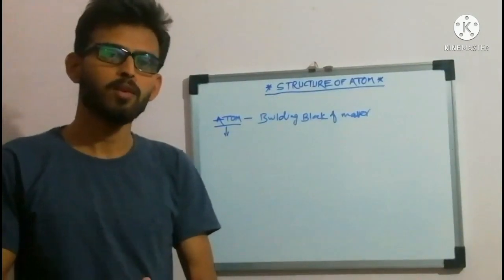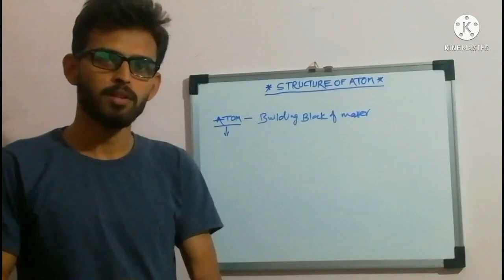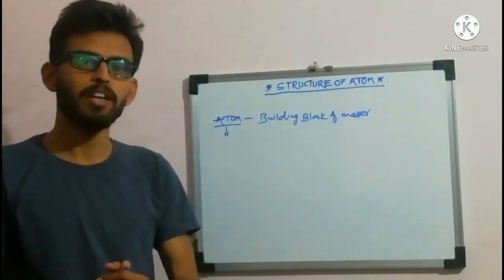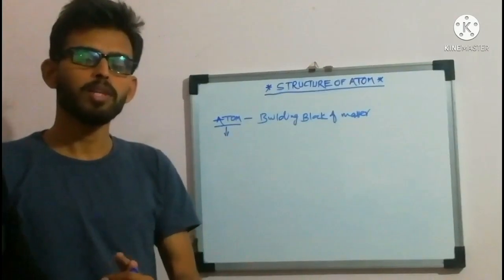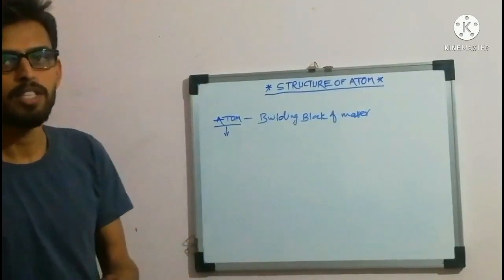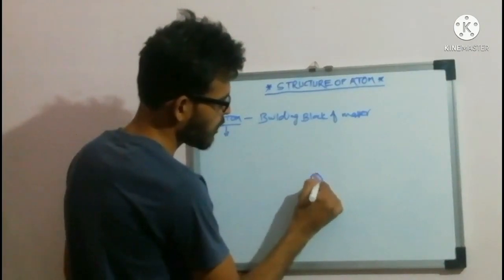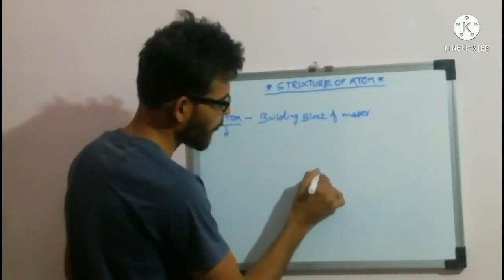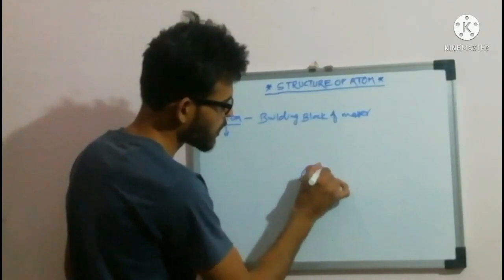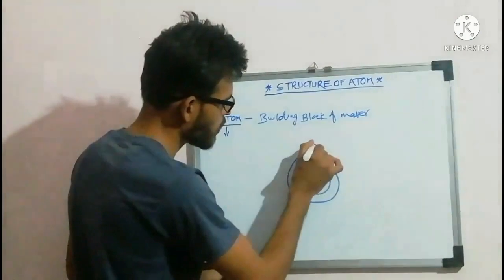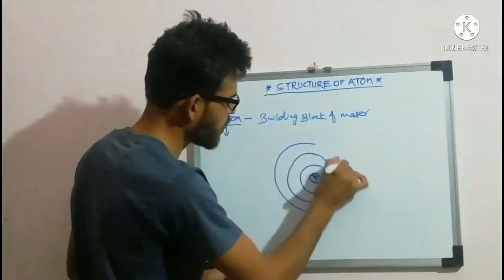There are particular orbits, particular shells, in which only the electrons revolve around the nucleus. A specific orbit has a specific energy level for that electron. There can be multiple shells. See here, this is the nucleus of the atom, we will denote it with N. This is the first shell, this is the second, and this is the third shell, for example.